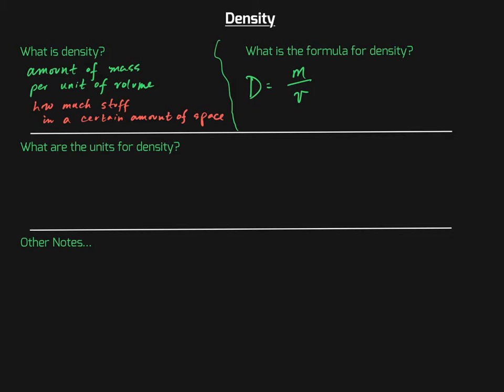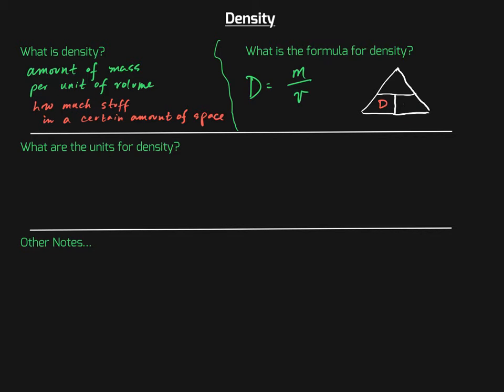Now, an easy way to remember this formula, I call it the pyramid method. So I just draw a pyramid, and in the bottom of my pyramid I have two spots, and this first spot is going to get filled with D for density.